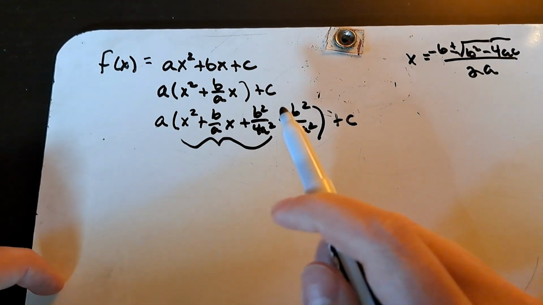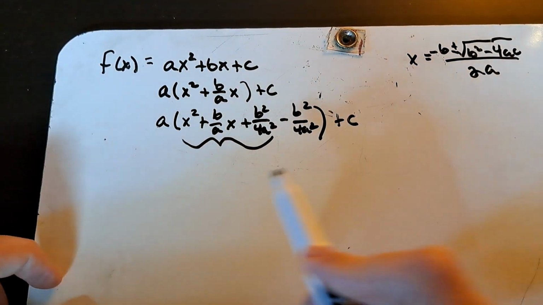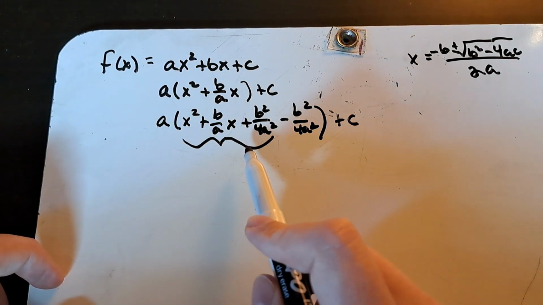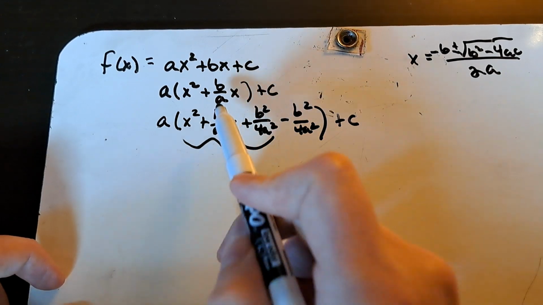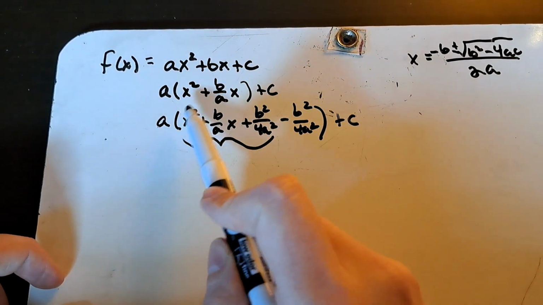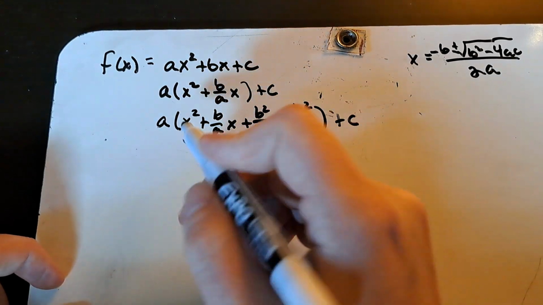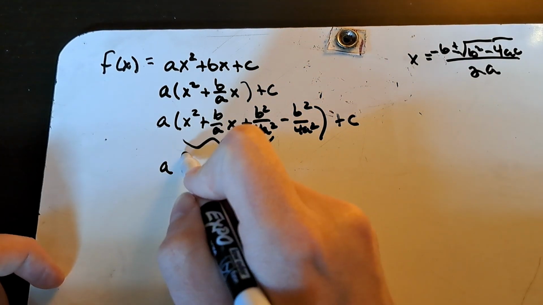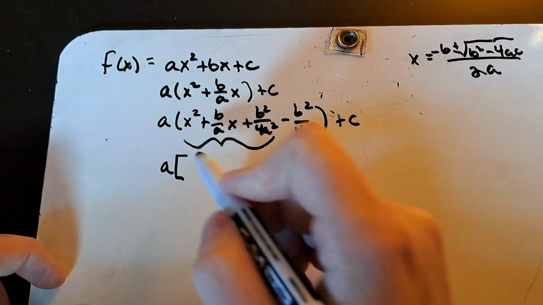And if you remember the property, if you need to draw a box out for this, you can. But if you remember the property with numbers, this perfect square right here would basically be x plus whatever this is divided by 2, squared. So, and I'm going to switch to brackets here because I'm going to end up having some double parentheses.